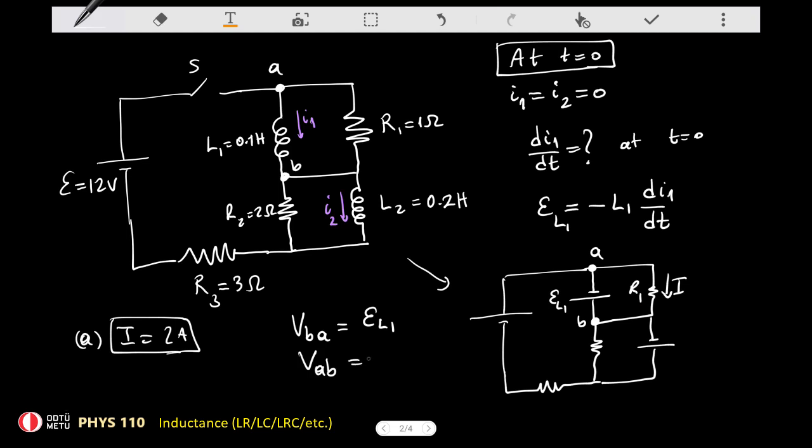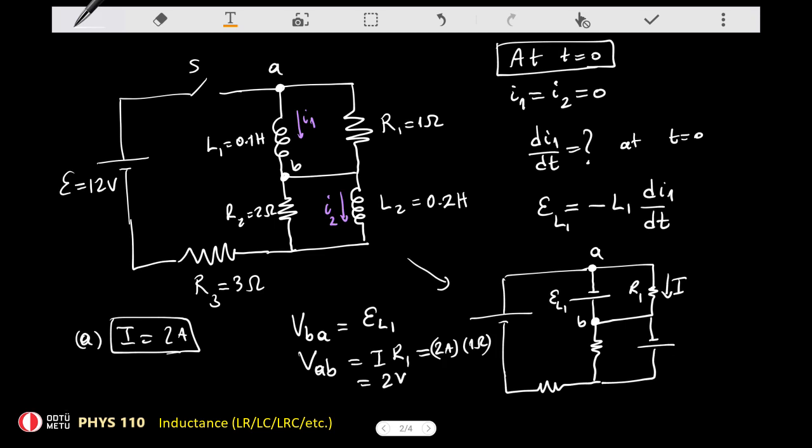So VAB is equal to I times R1. So as a result, then I can find this potential difference. So therefore, I can find the EMF. So let's do this. So VAB is, the current is 2 amperes. And the resistance is 1 ohm. So therefore, there's a 2 volt potential difference between these 2 points.